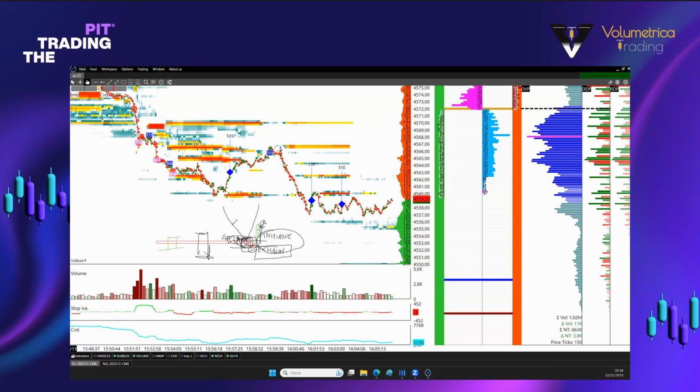Okay, so this can still be considered a valid reversal pattern when we reach a level of liquidity.